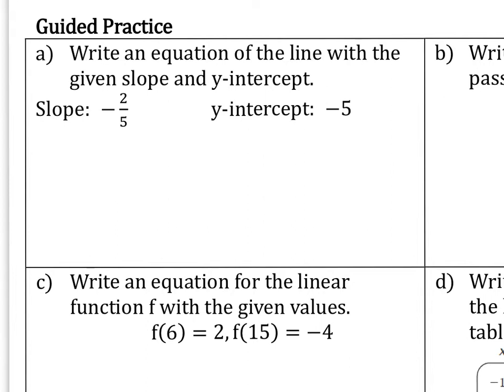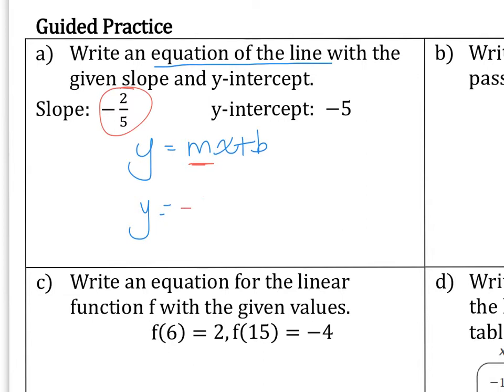Let's do some guided practice. Part A, write an equation of the line with the given slope and y-intercept. Well, if you know y equals mx plus b, you can simply substitute m for negative 2 over 5, and then substitute b for negative 5.